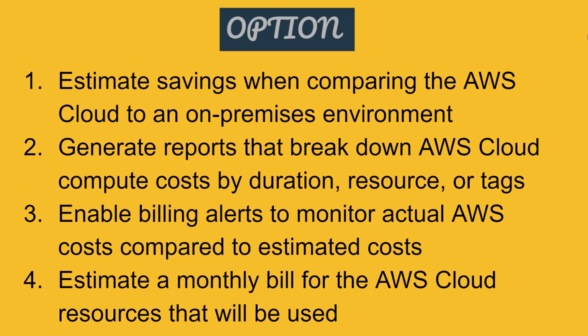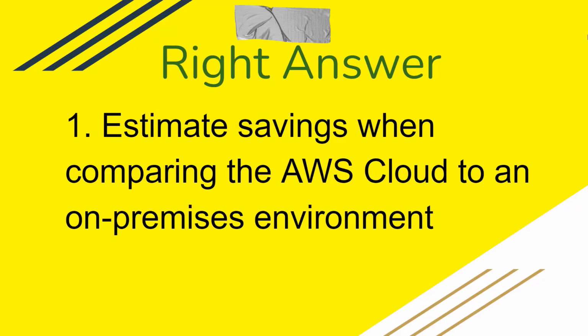Enable billing alerts to monitor actual AWS costs compared to estimated costs. 4. Estimate a monthly bill for the AWS cloud resources that will be used. Right answer. 1. Estimate savings when comparing the AWS cloud to an on-premises environment.